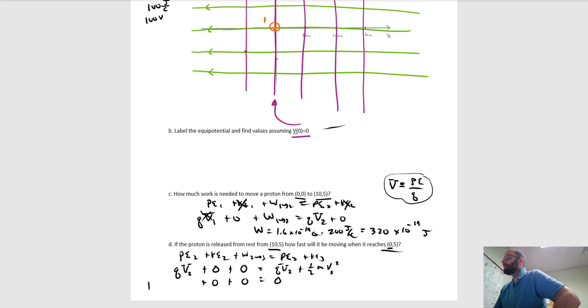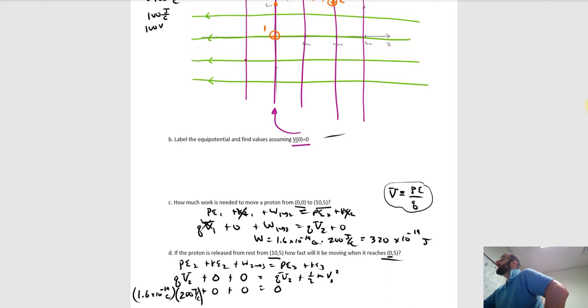Charge of a proton is 1.6 times 10 to the minus 19th coulombs. Oh, let's make that so that you can read it. Okay, 1.6 times 10 to the minus 19th coulombs. There is our charge of a proton. Potential 2, if I remember right, was 200 joules per coulomb. Just going to go back to my picture and triple check that.